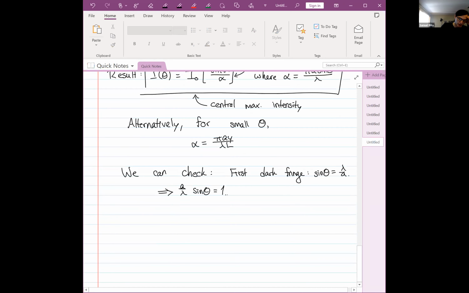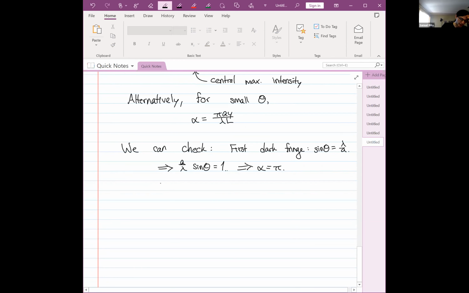This implies that for this first dark fringe, alpha is equal to pi. So what's I at the angle where the first dark fringe is, the arc sine of lambda over a?